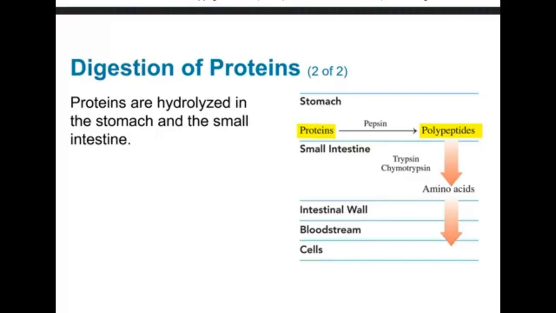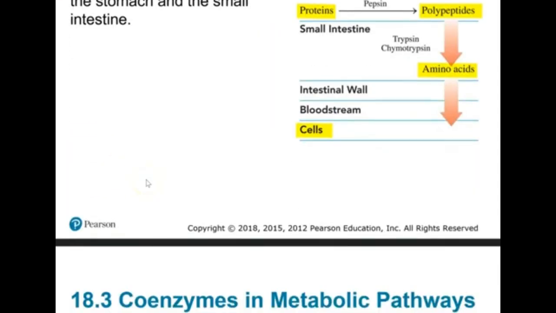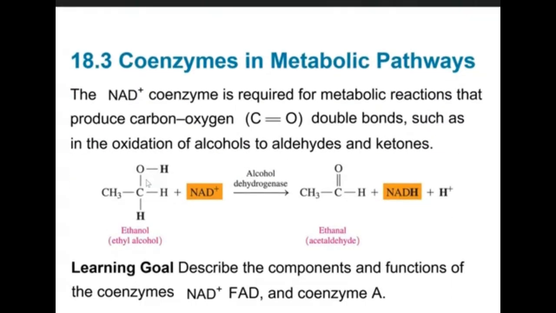And then those smaller bits, those polypeptides, are broken down into amino acids by a huge number of different enzymes. Trypsin and chymotrypsin are just two pancreatic enzymes, but there are way more than that. Eventually they enter the bloodstream and reach the cells. Now, we're going to continue this conversation, hopefully on Monday.